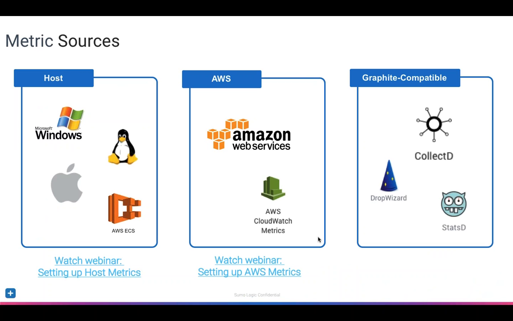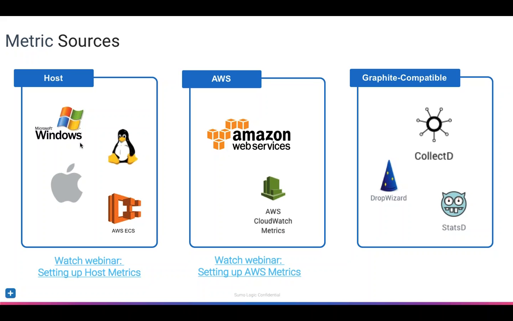Let me take a step back, and from a metrics perspective, Sumo Logic can ingest metrics from three main sources. The first one on the left-hand side is host metrics. So we can bring host metrics from any of your host servers, regardless of the operating system. This gives you insight into your CPU, your memory, your network, or say, for example, your disk usage.